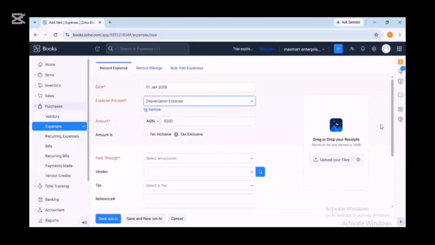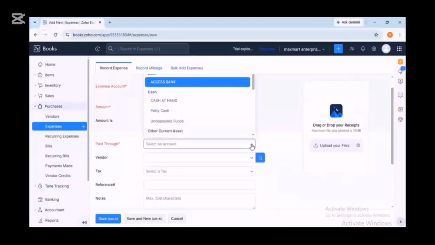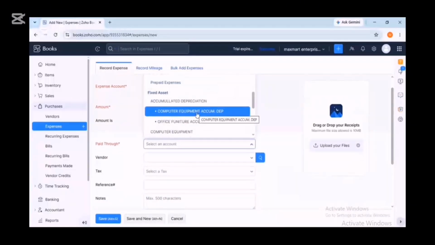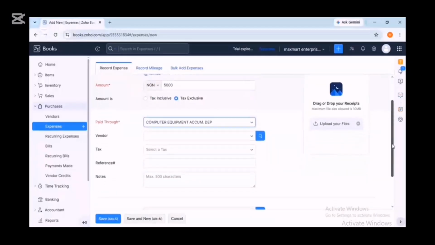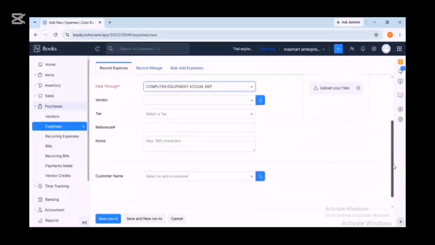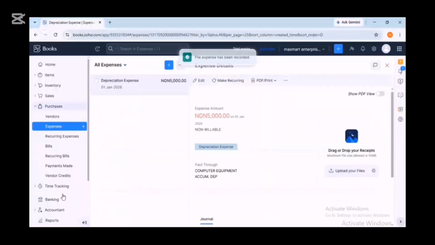This is the expense account. On page 2 we would select the accumulated depreciation account for computer. So it's depreciated at 5,000 on a straight-line basis. So each year it will be depreciated by 5,000.